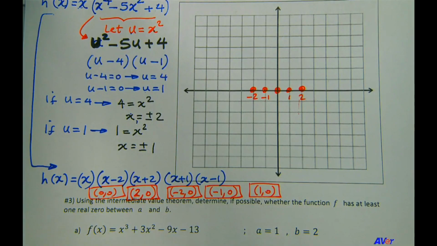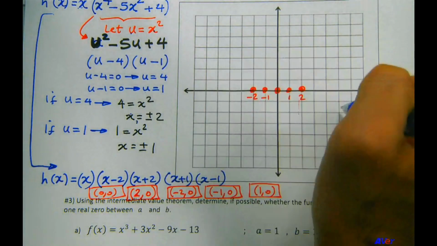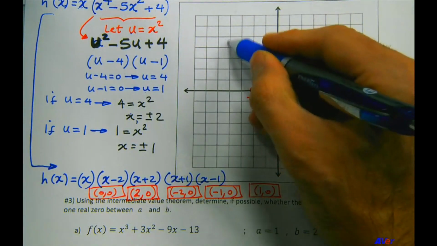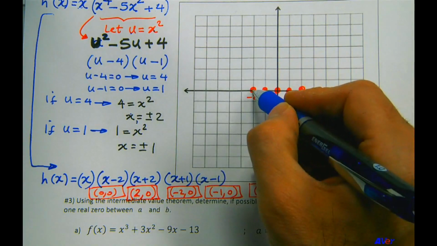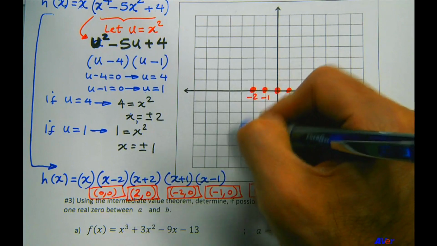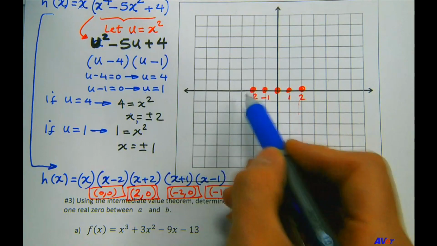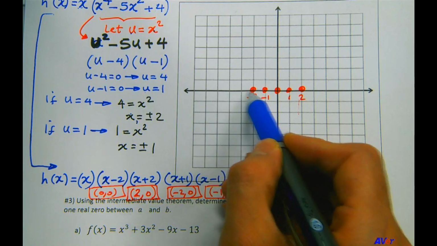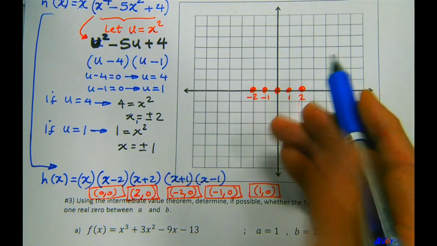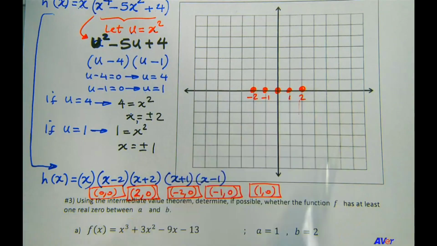But from which side? I'd like to begin graphing this polynomial from left to right. So I need to know if the line is coming from above the x-axis, approaching this negative 2 comma 0, or is it coming from below the x-axis? So let's pick a number on the left side, anything on the left side of negative 2. Let's say negative 3, right? Let's evaluate the function at negative 3 and see what is the algebraic sign of the function at that point.